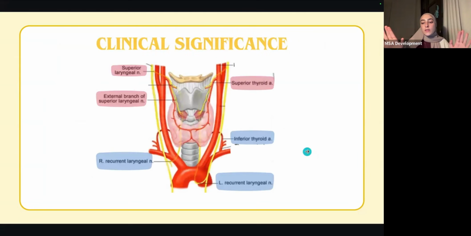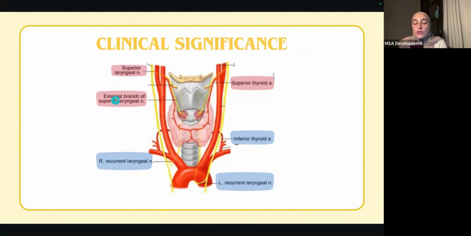Okay, clinical significance. This is very important. This is why I told you to remember that the superior thyroid artery comes from up. As you can see here, it's coming from up from the external carotid artery. What else comes from up? What else can you find there? The superior laryngeal nerve. Most importantly, or not most importantly, but they like to trick you and tell you external laryngeal nerve.